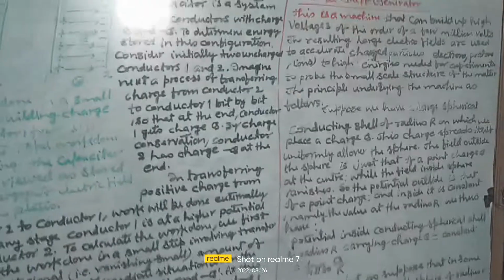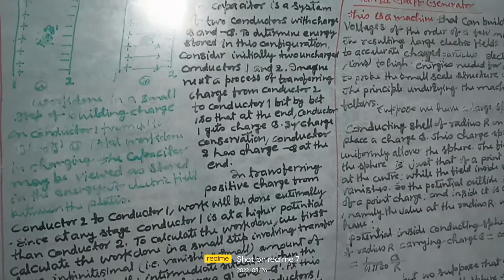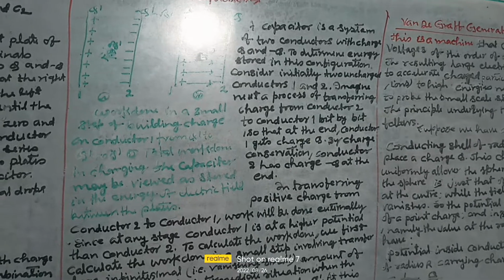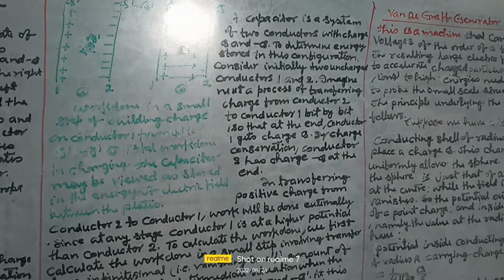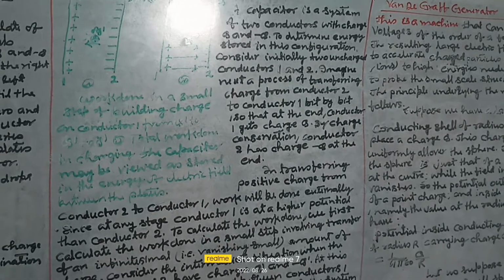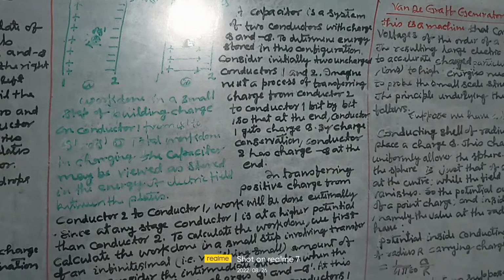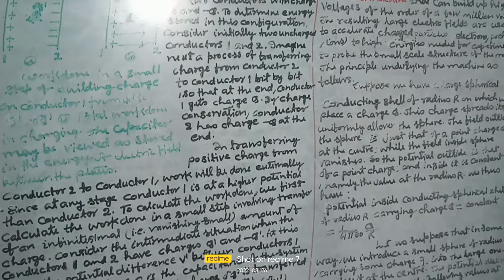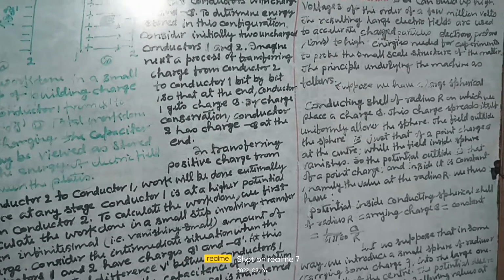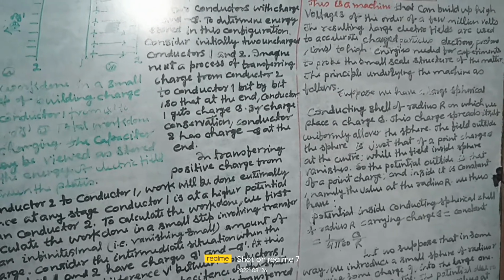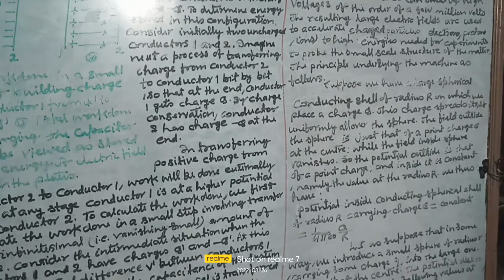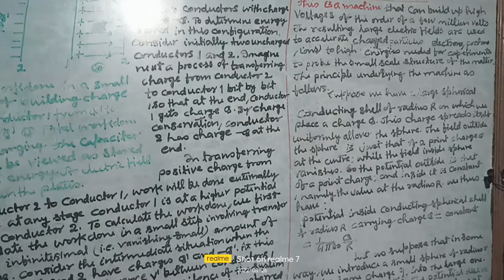Now, energy stored in a capacitor. There are two capacitors C1 and C2, with charge Q' and minus Q', increasing. A capacitor is a system of two conductors with charge Q and minus Q. To determine the energy stored in this configuration, consider initially two uncharged conductors 1 and 2.